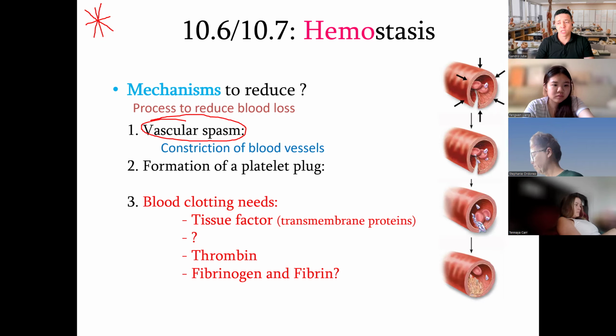Vascular spasm is the constriction of the blood vessel. In order to what, folks? In order to decrease the amount of blood loss. Remember, on the walls of the blood vessels, we have smooth muscle. And the smooth muscle is going to contract, causing the constriction of the blood vessel, decreasing the amount of blood loss.